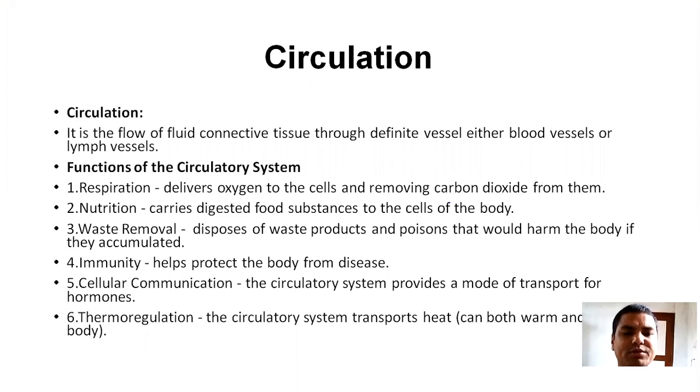It also removes waste products or poisonous substances from different parts of the body. It protects the body from different types of disease. It helps to transport hormones to target cells. It also maintains thermoregulation in the human body.